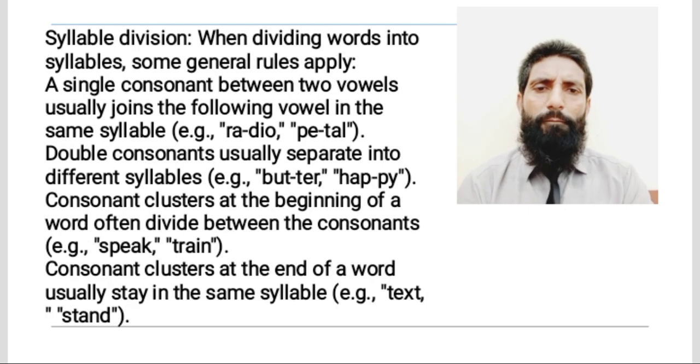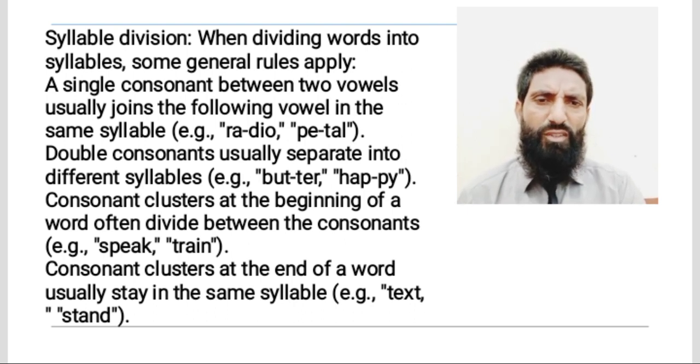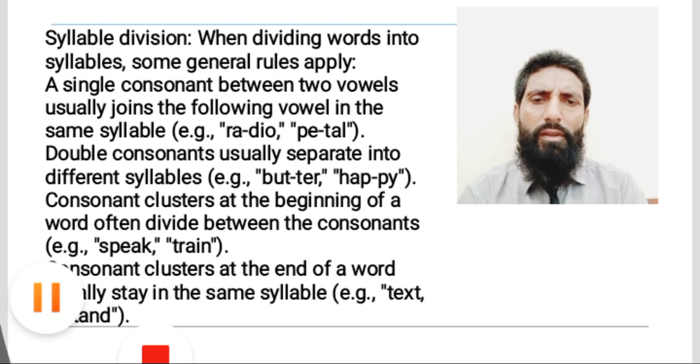Syllable division. When dividing words into syllables, some general rules apply. A single consonant between two vowels usually joins the following vowel in the same syllable, for example radio and petal.